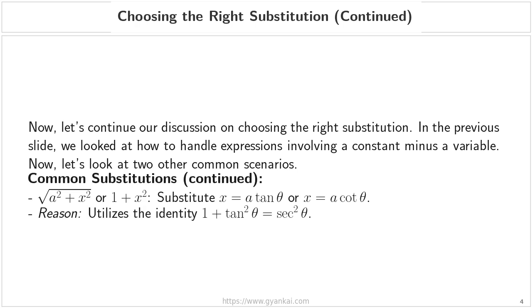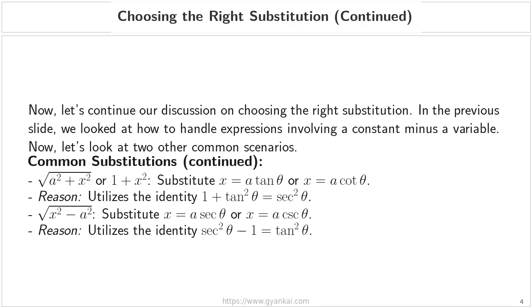First, if you encounter an algebraic expression containing the square root of a squared plus x squared, or a simpler form like 1 plus x squared, you should substitute x with a times tangent theta, or alternatively, a times cotangent theta. The reason we do this is to take advantage of the trigonometric identity where 1 plus tangent squared theta equals secant squared theta, which allows us to simplify the expression and eliminate the square root.